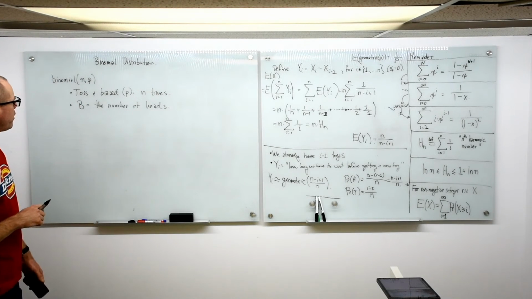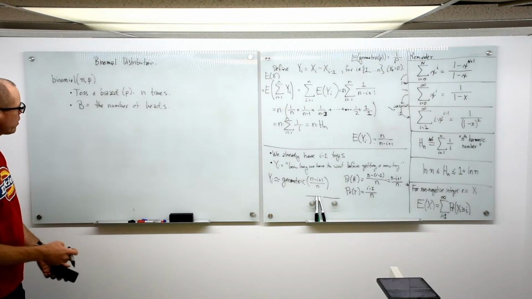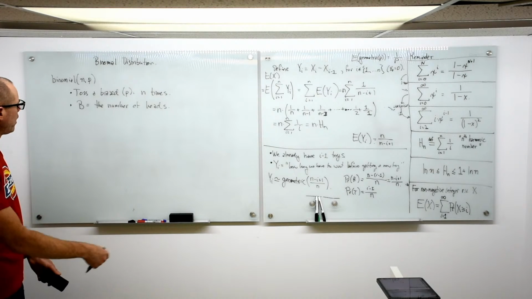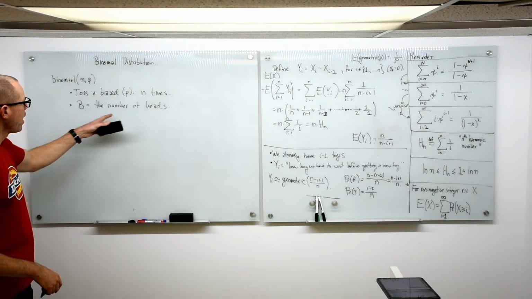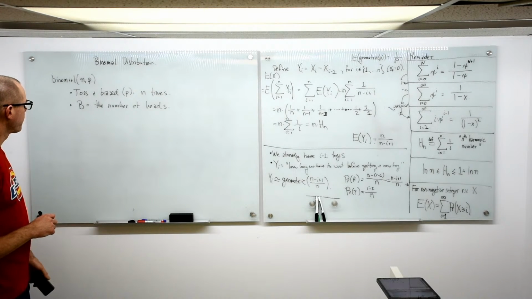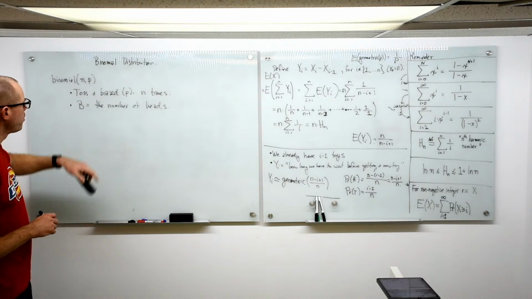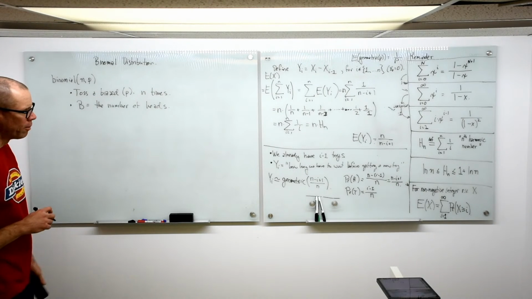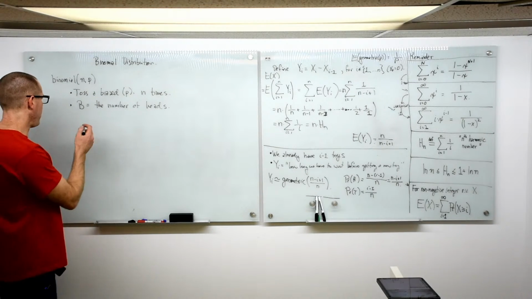So why is this called the binomial distribution? I toss the coin n times, and then I count the number of heads. That's this binomial random variable, and it's called the binomial n,p random variable. Why is it called the binomial random variable?